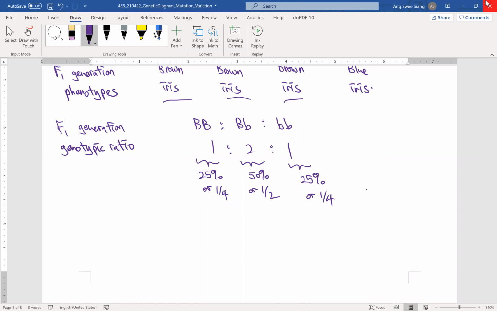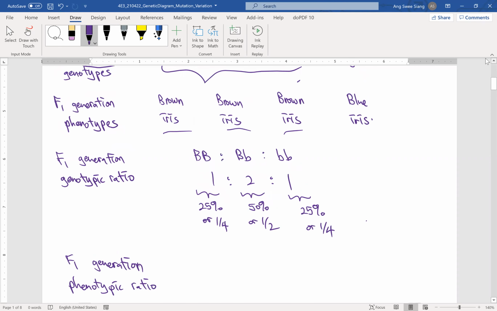A is to B. The last row will be the F1 generation phenotypic ratio. Now we are looking at the ratio of the phenotypes. Again, we have 3 brown iris and 1 blue iris.